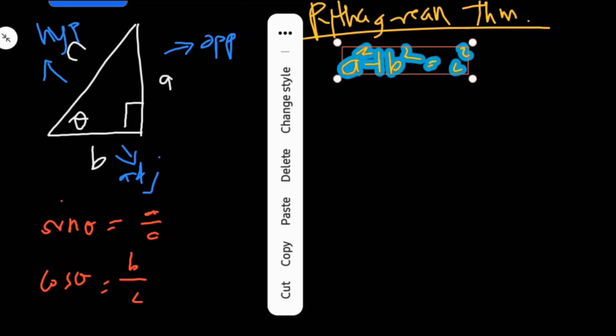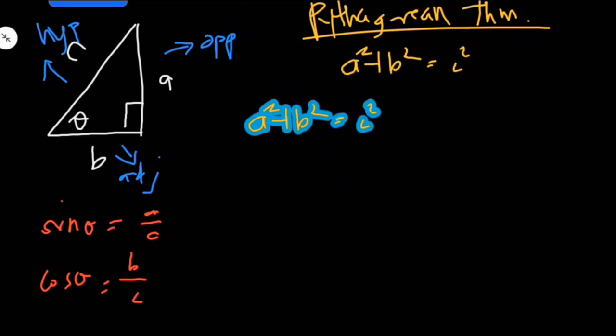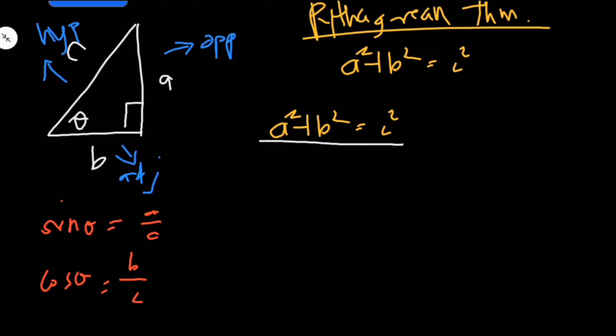So in this equation, we have to divide by c squared and rewrite each expression. So this becomes a squared over c squared plus b squared over c squared equals c squared over c squared.